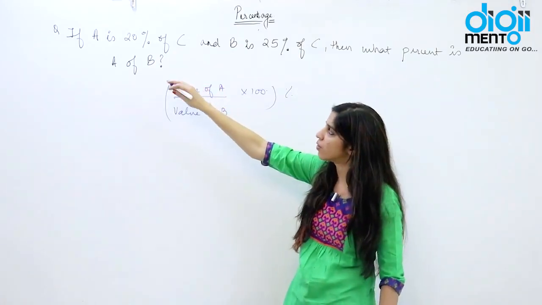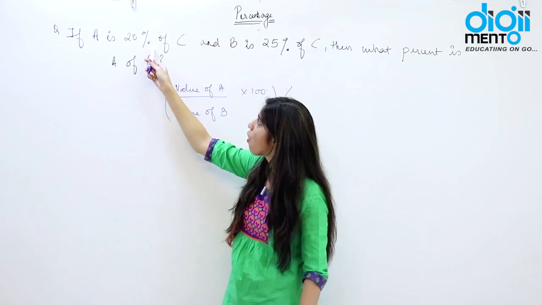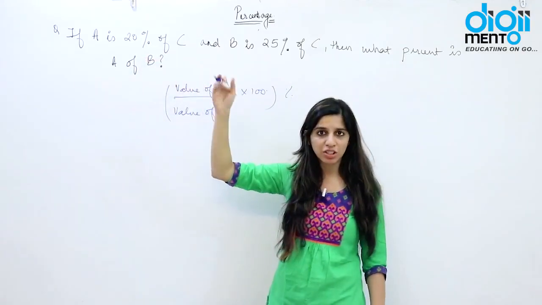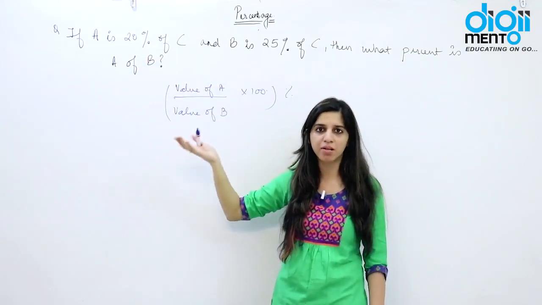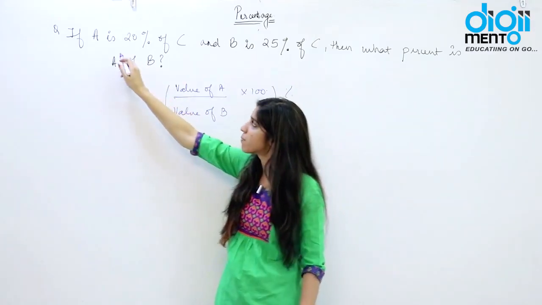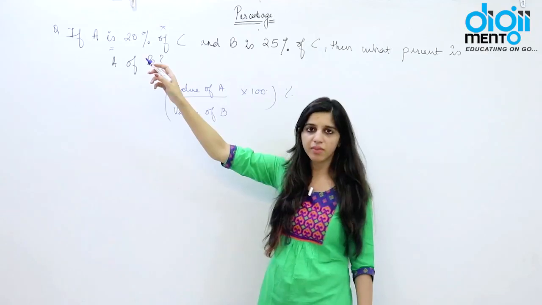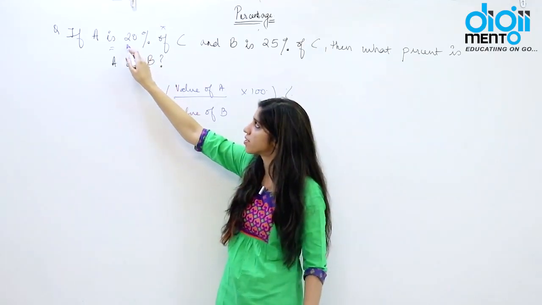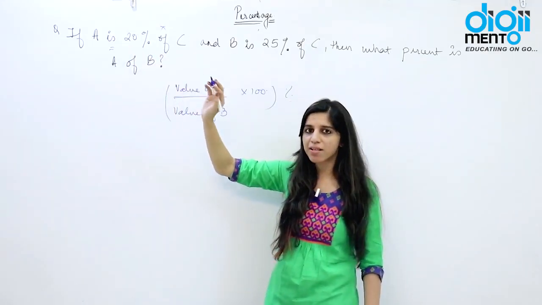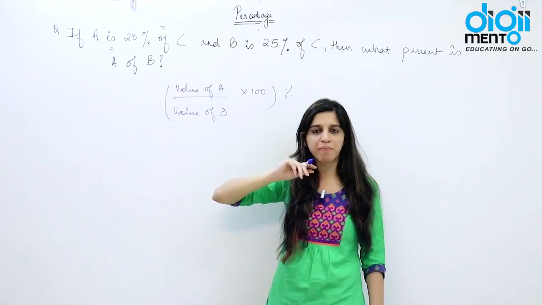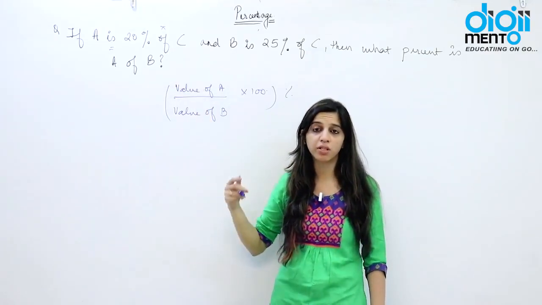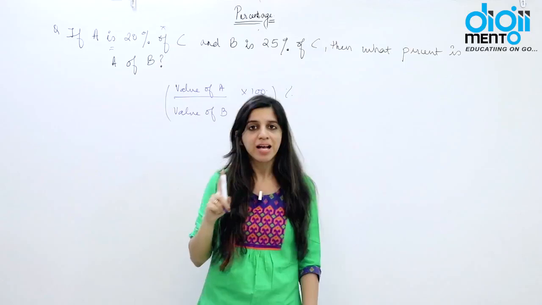All these words actually represent symbols of mathematics. Is represents equal to, of represents multiplication, percent represents division by 100. So as soon as you get the question, just make some mathematical equations so that you do not even need to go back to the question.